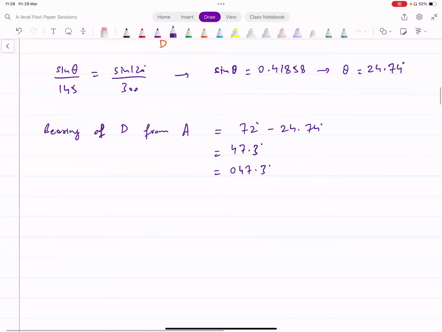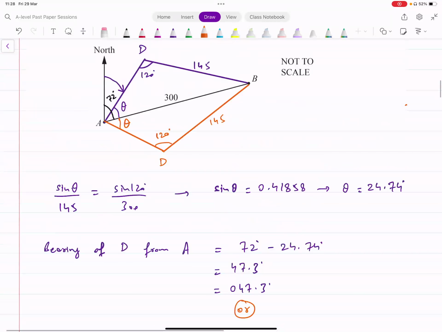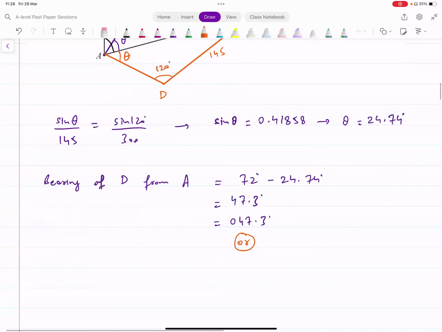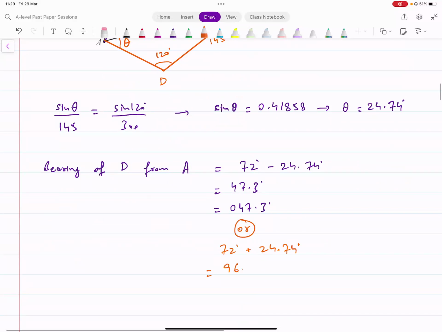Now, similarly, we can write the other possible bearing as well. The other one is if we add this theta to 72, and that will be this complete bearing. So 72 plus 24.74 turns out to be 96.74.